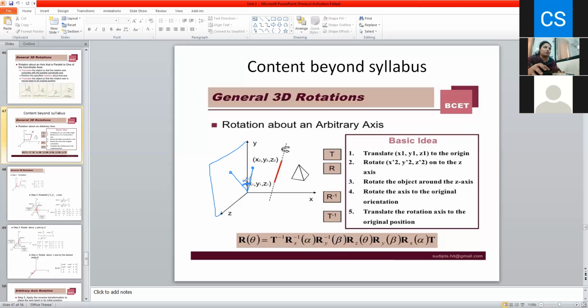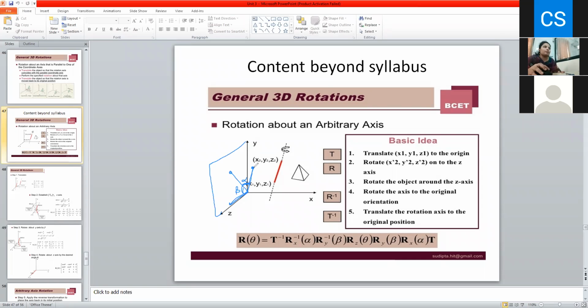हा alpha angle होता, so x axis बरोबरचा आहे. Then I will rotate it with y with beta angle. So हे rotation आहे, ते beta angle नी होईल. आणि beta angle नी झाल्यानंतर हा point rotate होऊन z वरती coincide होईल.